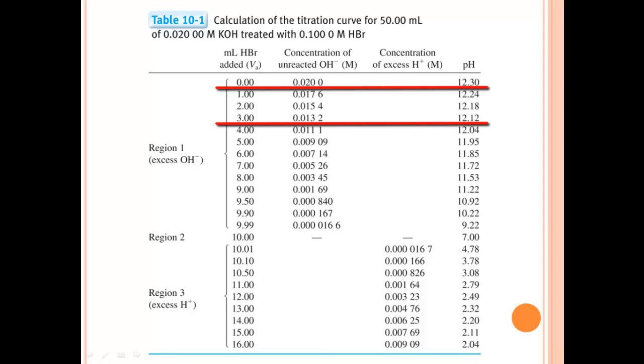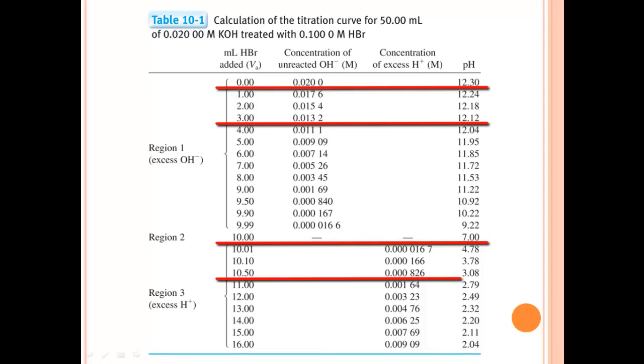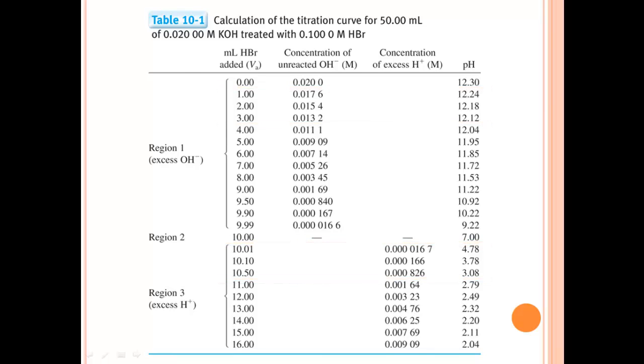We calculated the one exactly at 10 mL, which is the equivalence point at 7. And then we calculated the last one, at 10.5, which gave us a pH of 3.08. But I would urge you to make sure that you understand every single one of these and that you're able to make a titration curve. Because if you make the titration curve, then you understand what's going on.